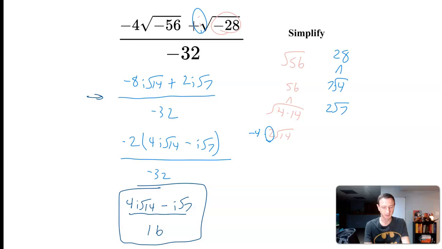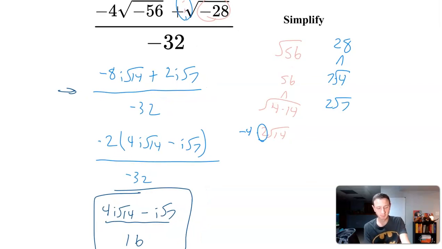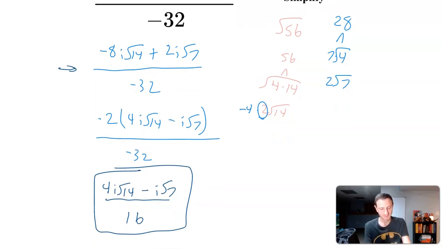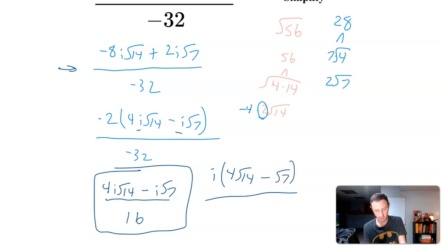I like simplifying radicals. They get pretty interesting when you get a little more complicated, but with the negatives, especially pulling out i's, and then, oh my goodness, I'm just realizing I could take out i. How did I not catch that? So I'm going to take out i, and that is going to make it i times (4 root 14 minus root 7) over 16.